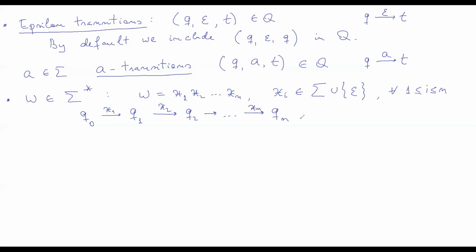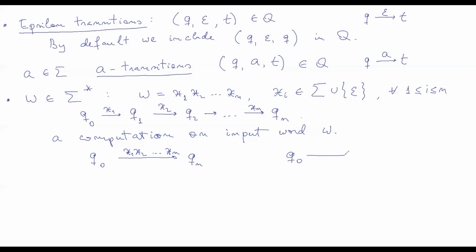So this is a computation on input word W. And we also denote this by writing Q0 goes to Qn with x1, x2, xn. And we also write sometimes simply Q0 goes to Qn with input word W.